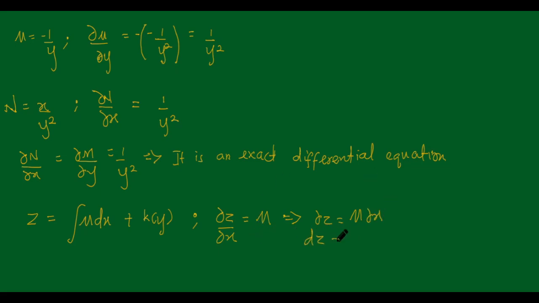So in integrating both sides, we have the integral of dz equal to the integral of m dx. If y is a constant, this means the constant of integration is going to be a function of y. So this further shows that z is equal to the integral of m dx plus k(y). Remember, this is just to refresh our memories. So let's evaluate that.